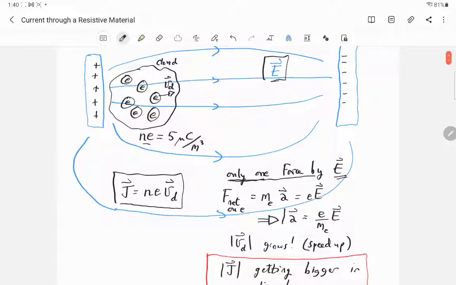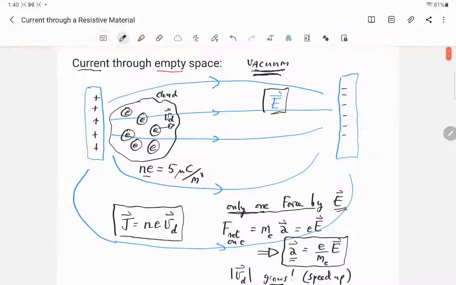Which means that, according to Newton's second law, if we have a force, we can describe acceleration. Acceleration tells us how velocity changes. And in this case, we expect that the drift velocity only speeds up. So the drift velocity grows in this scenario.